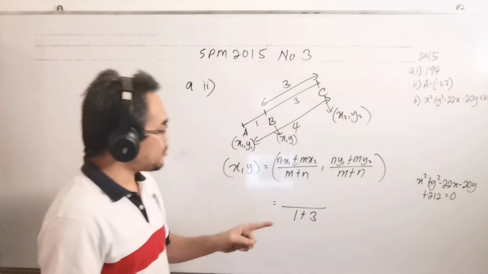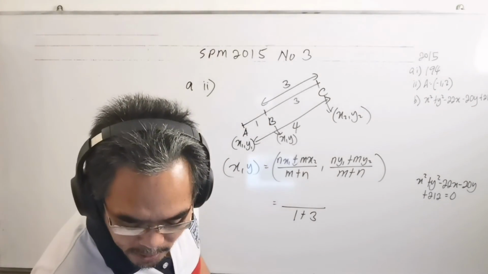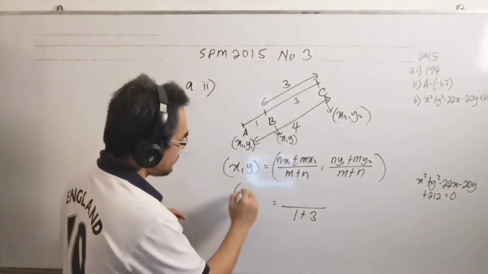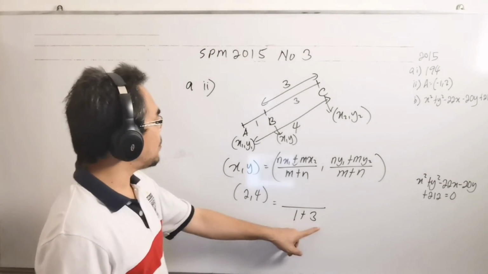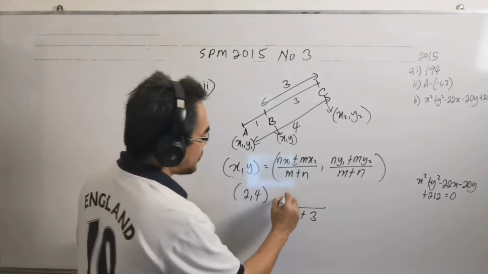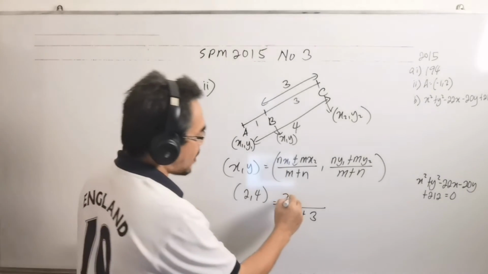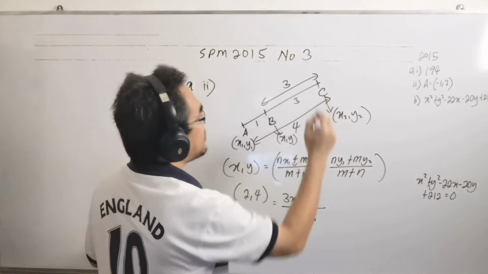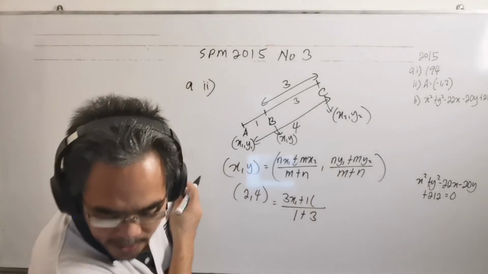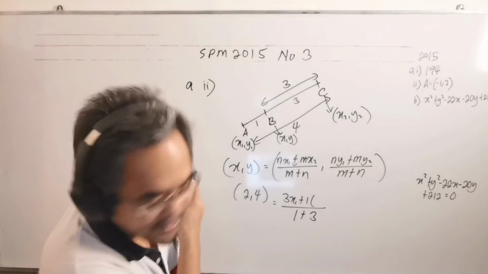Okay, so since we know B, substitute B. B is 2, 4. And then the ratio is 1 to 3. And we substitute. We do not know x1, so still x1 plus 1 times x2, which is C, which is 11, 10.